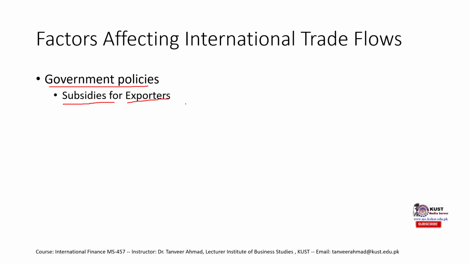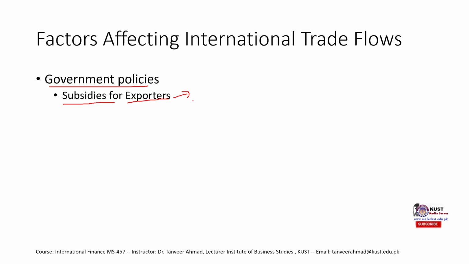subsidy for exporters. So in China, there is subsidy on land, there is subsidy on loan. So any firm that produces goods that would then be exported to other countries would get subsidy on loan from government.